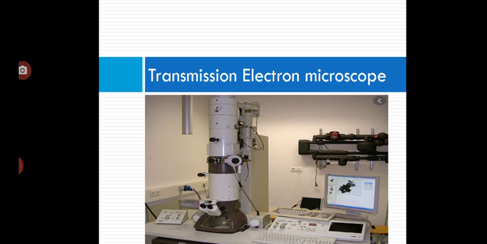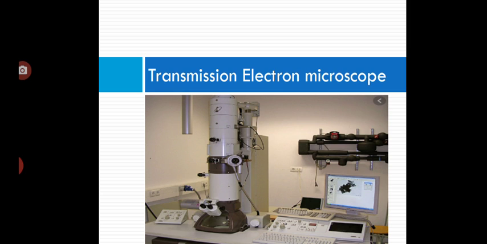The beam of electrons from the electron gun is focused into a small, thin, coherent beam by the use of the condenser lens. This beam is restricted by the condenser aperture, which excludes high-angle electrons.